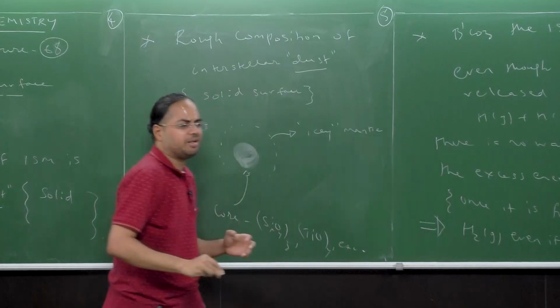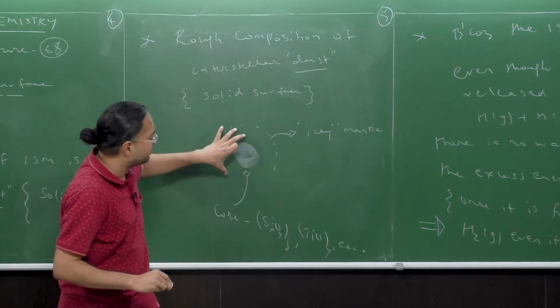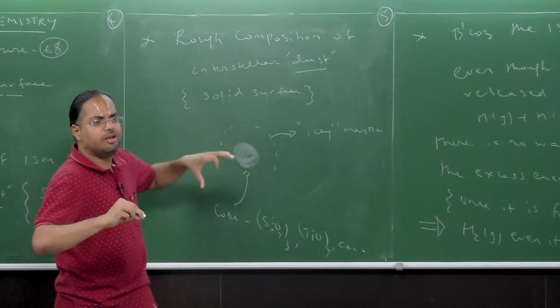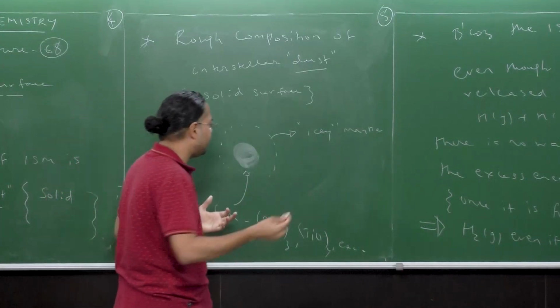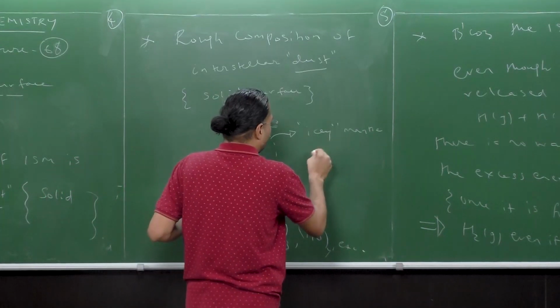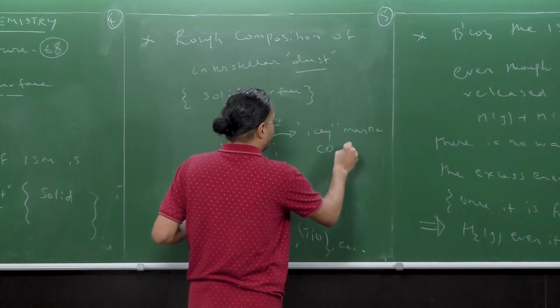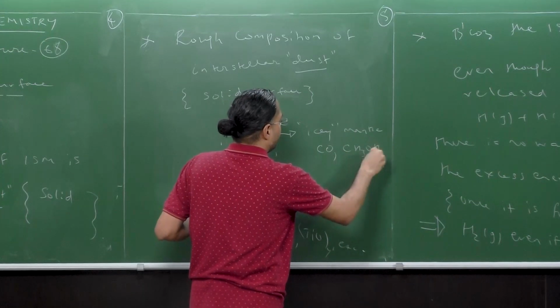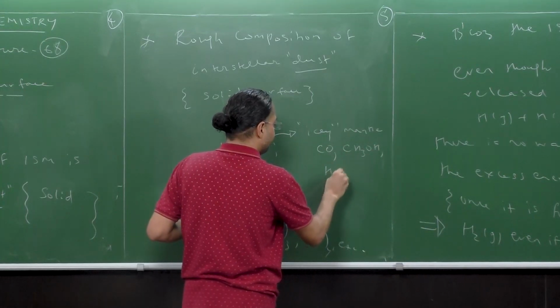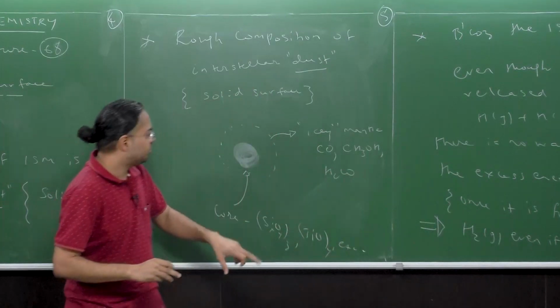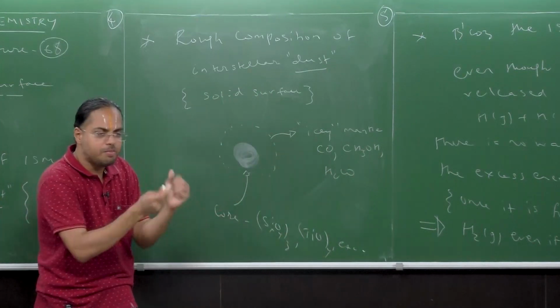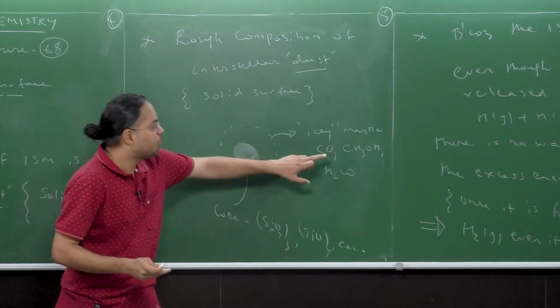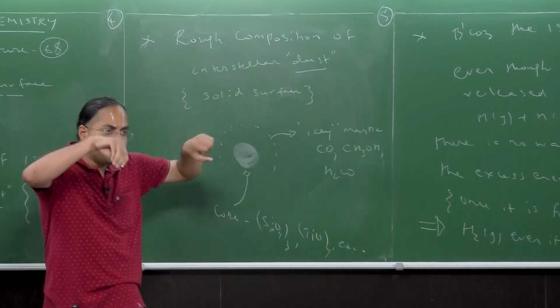When I say icy mantle, you have attached to the silicon surface some kind of organic substances, for example carbon monoxide, methanol, formaldehyde. These are not going to form such strong polymeric networks as silicon oxide. What they do is form ices via weak interactions.